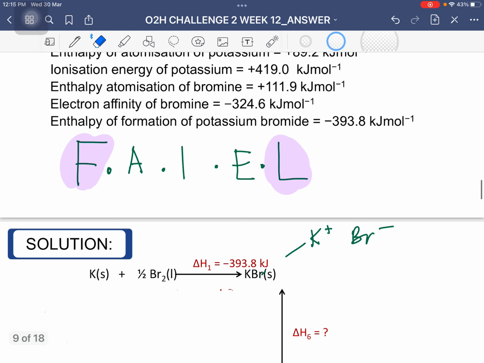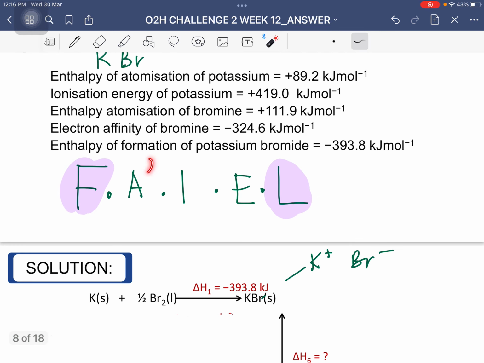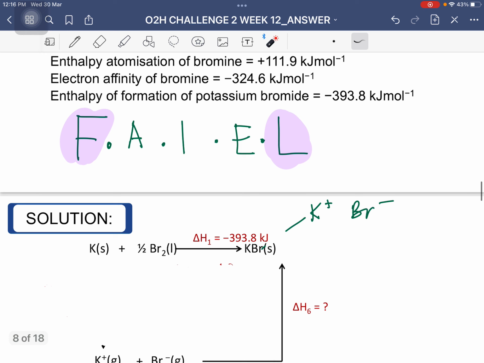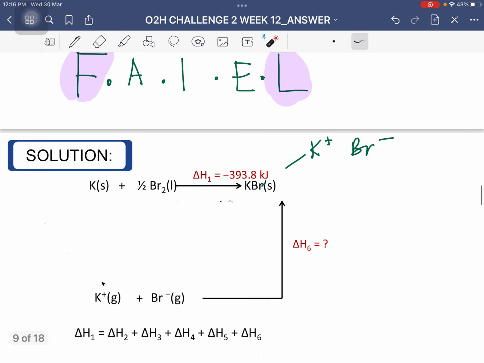Okay, setelah buat lattice, kita boleh buat atomization. Okay, selesaikan satu-satu part dulu, metal, and then atomization by non-metal. Okay, untuk ionization, it's for metal. Okay, kita atomize dulu solid potassium to gas potassium.